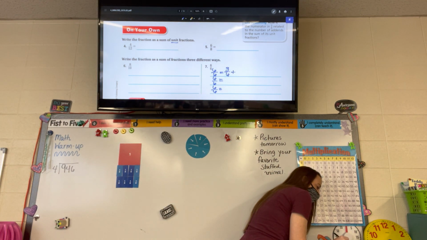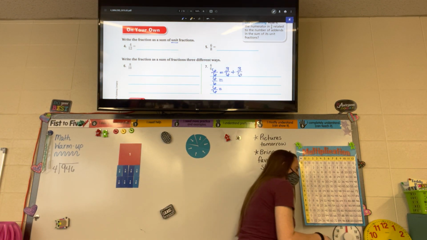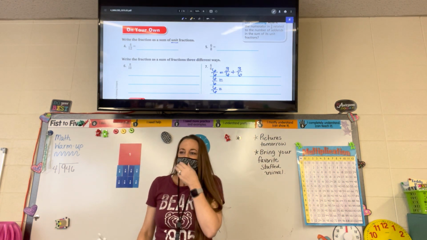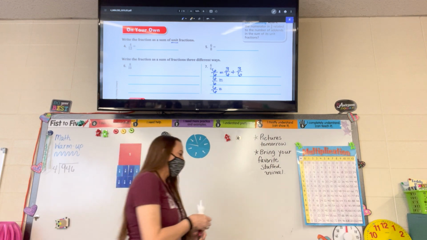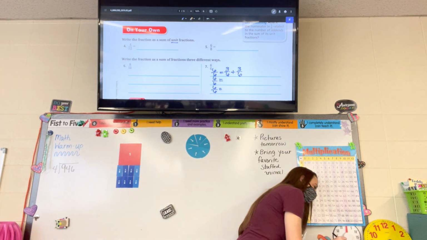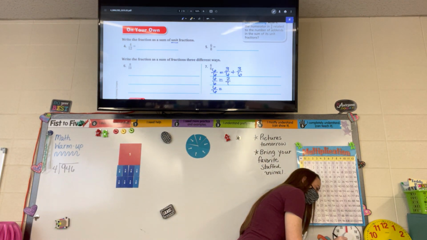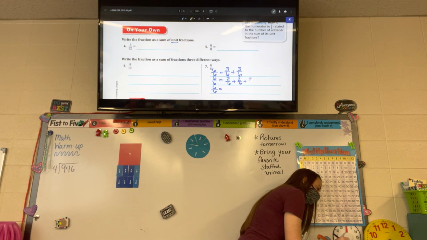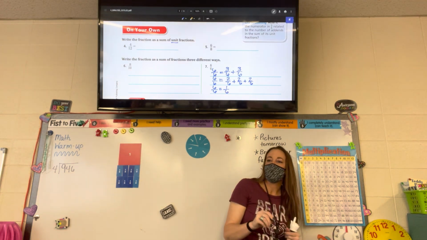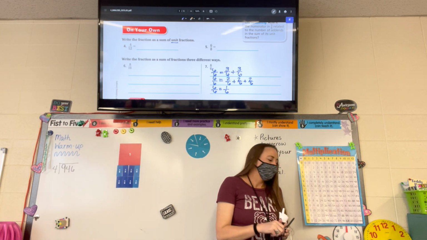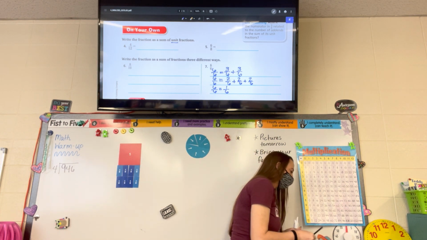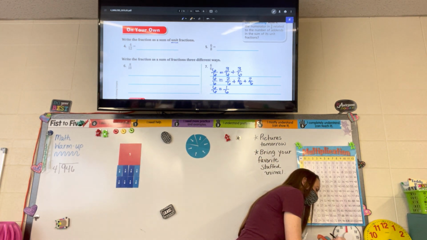What is another combination that adds up to 6/6? Dakota? 2/6 plus 2/6 plus 2/6. Yep. And Ethan, one more. 1/6 plus 1/6... no, we're not using unit fractions on this one. Oh, and 4/6 and 2/6.